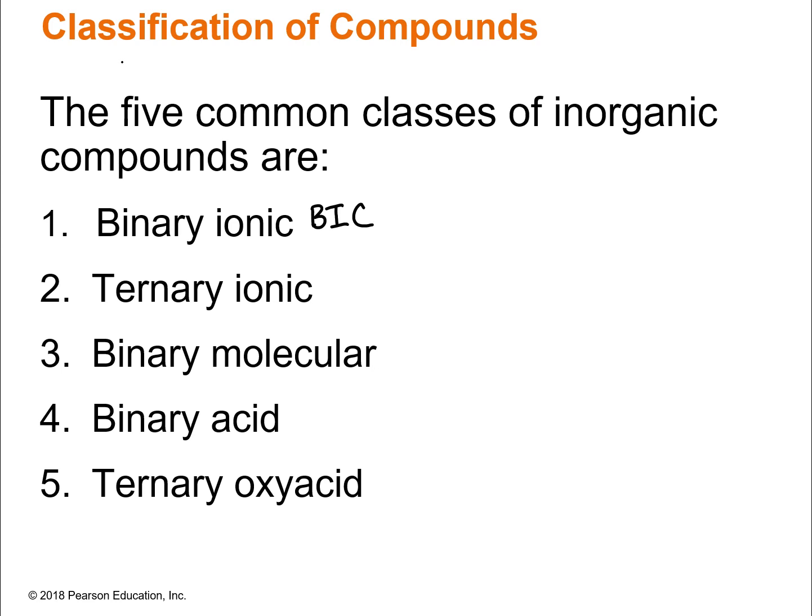Anywhere that you see binary, that's going to mean that the compound has 2 elements in it. So when you see binary, think 2. For binary ionic, that means you're going to have 1 metal element, and it's going to be in a compound with a nonmetal.